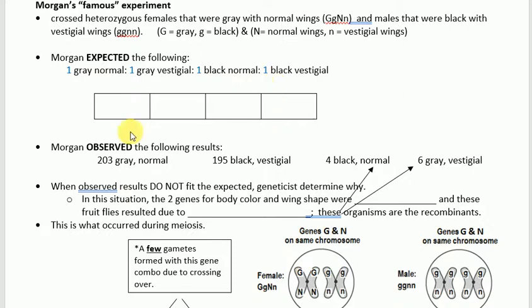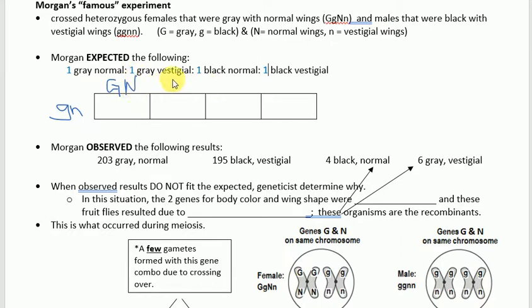So if we do that cross, and remember, we're going to do a short one because of this GgNn right here. So we know that this right here is GN. And then we've got the other combinations.